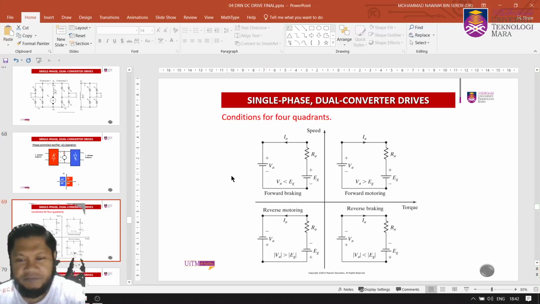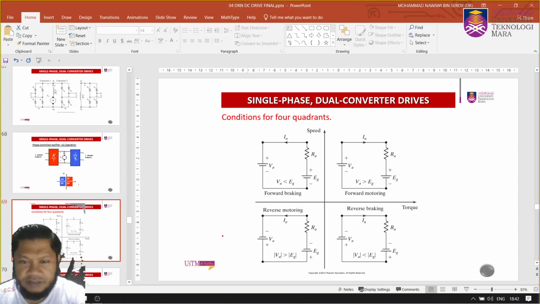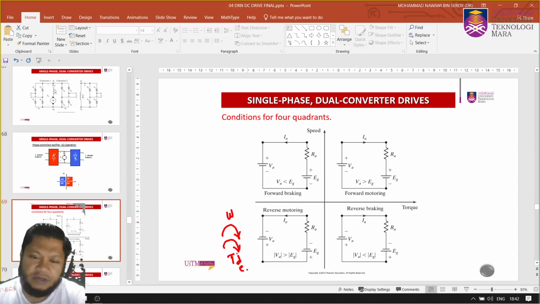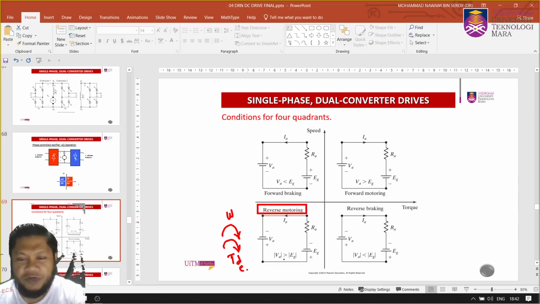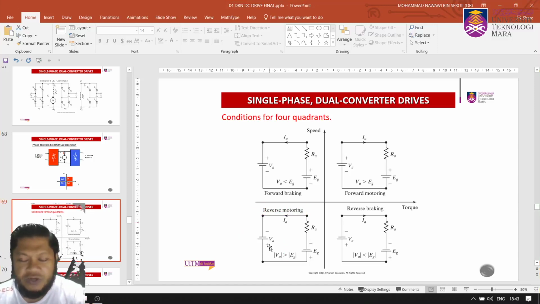But now if you refer to that, you're going to have this. That will be your omega. And the torque also in that direction. Torque developed, or electrical torque, TD or TE, in that direction. So this is known as reverse motoring, whereby your voltage is negative and your current is also in the negative direction.